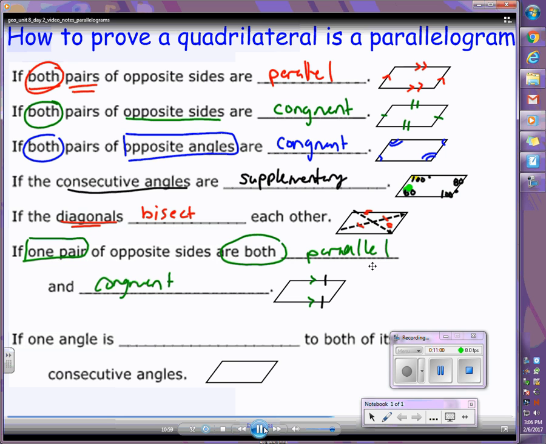Now the seventh sentence reads, if one angle is supplementary to both of its consecutive angles.